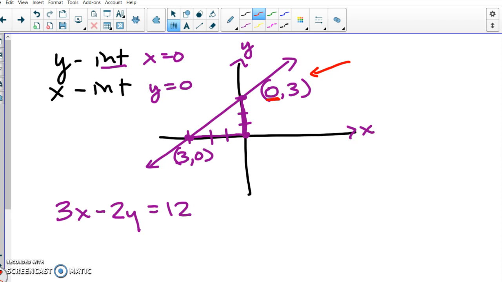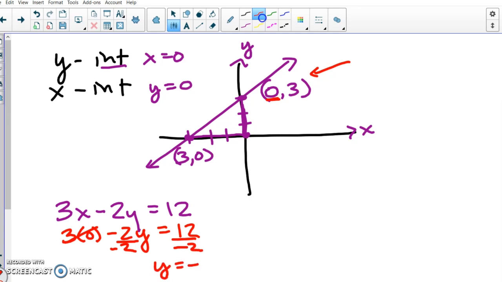So the neat way to do this is to come down to the function and allow x to equal 0, and then we simply solve for y. Well, this term has canceled. It disappeared. It became 0, and negative 2y equals 12. Of course, we're just going to divide both sides by negative 2. Y equals negative 6 when x equals 0.